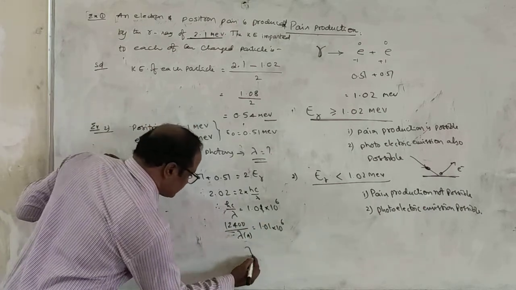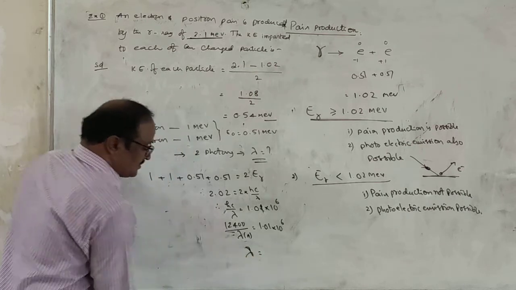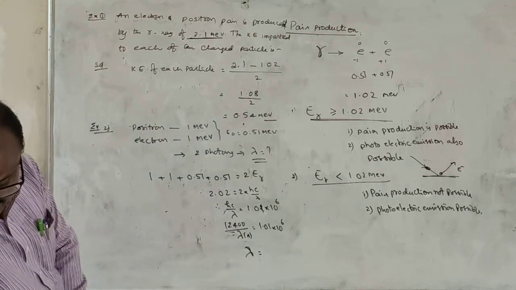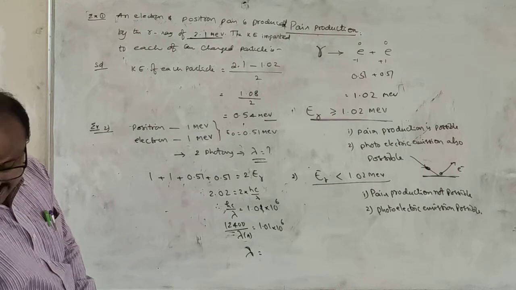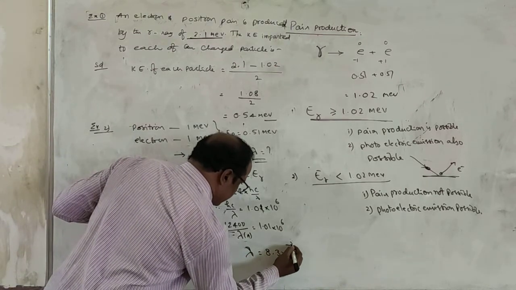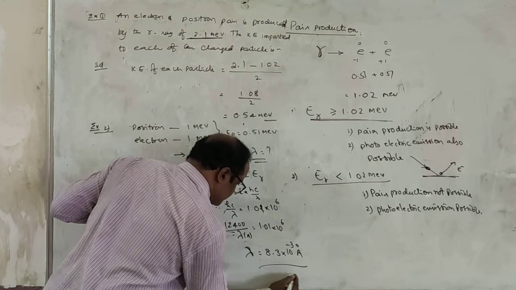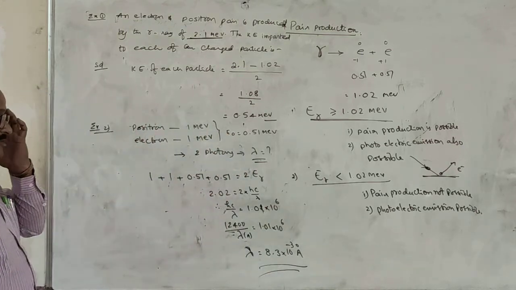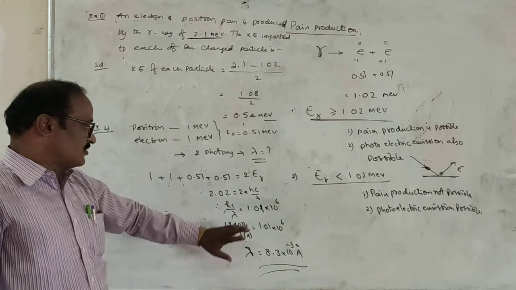On solving this, lambda for each gamma ray photon is equal to 8.3 into 10 to the power minus 3 angstrom. So this is the wavelength corresponding to each gamma ray photon.